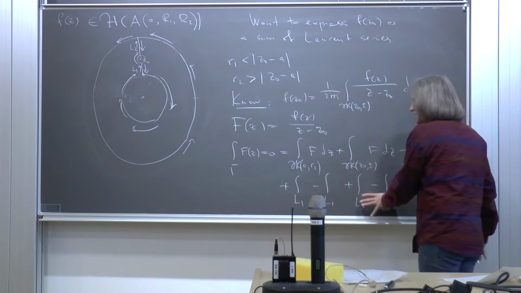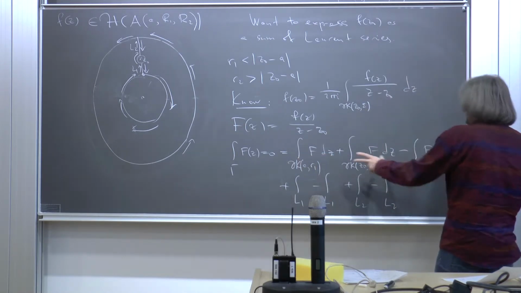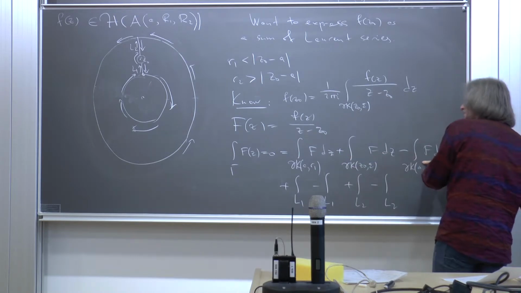We can ignore this part, but we see that this plus this minus this equals 0.